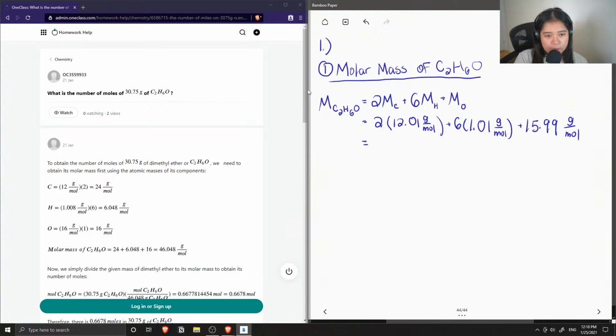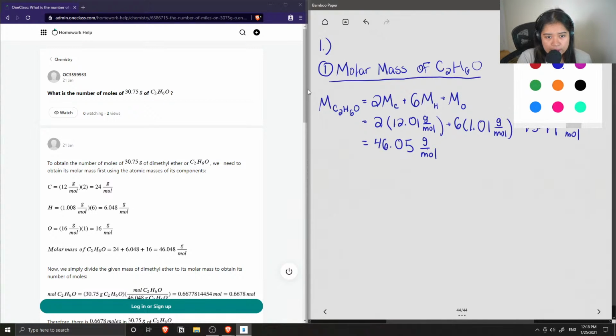Okay, so now when we add all these values up, we get the final molar mass of this compound, which is 46.05 grams per mole. Okay, so that was step 1 of answering this question.